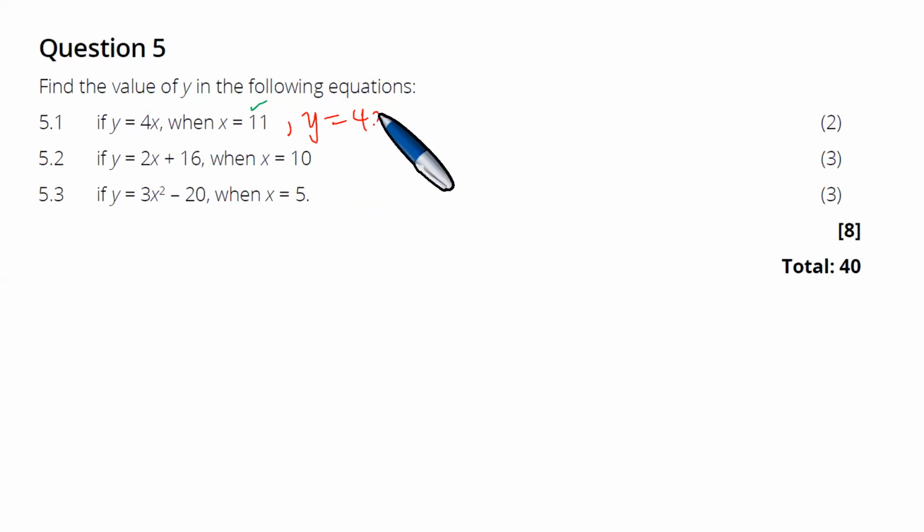So you have y is equal to 4x, and x is 11. What is 4 times 11? It is 44. So this is the answer to the question, because they said find the value of y in the following equations. So if y is 4x, find the value when x is 11, and you got 44.